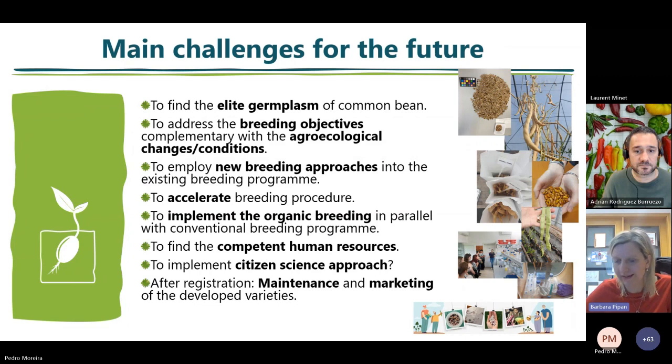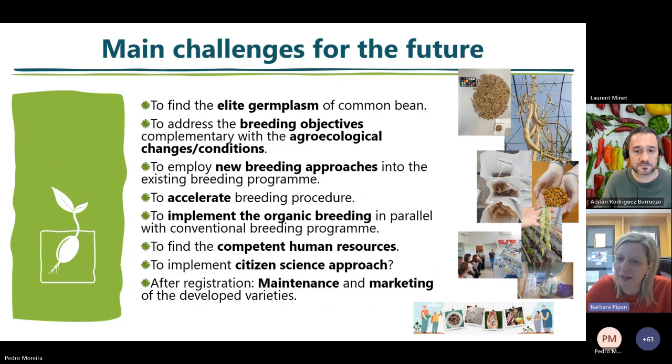And of course, recently there is a lot of information about open science, and one of the pillars of open science is the citizen science approach, maybe how to include citizens in the breeding programs as well. And this is also one of the challenges for KISS: maintenance and marketing of the developed varieties.